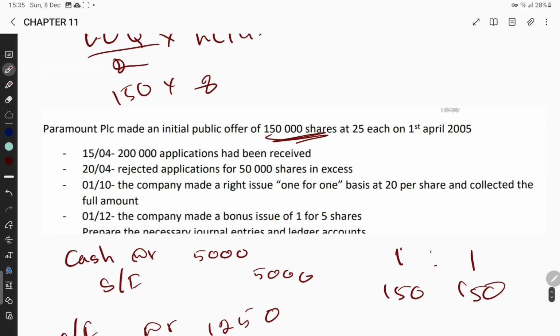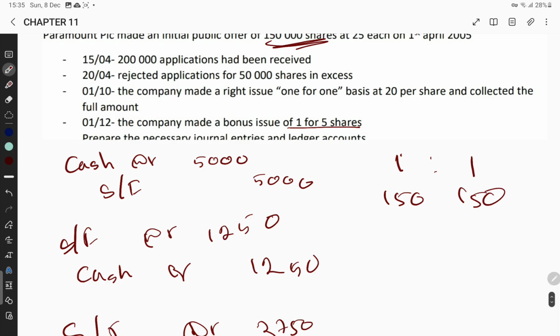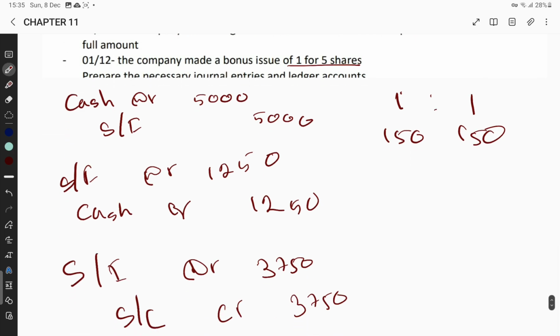Then they are saying the company made a bonus issue of 1-for-5 shares. Because this question has not mentioned anything, think: initially we issued 150,000 shares, then we made another 150,000 shares under the rights issue.